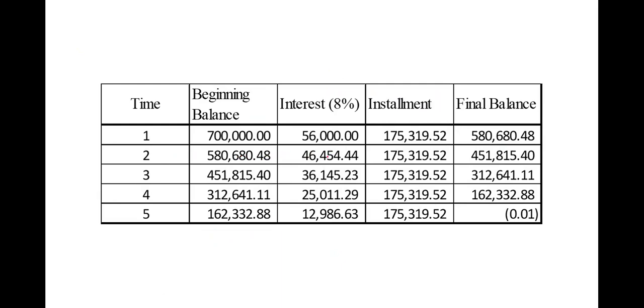Then 8% of this value is 46,451.44. Then the installment is the same, the annual equal installment, 175,319.52. Then add these two, subtract this one, you get this. Likewise, you can repeat this table. Right.